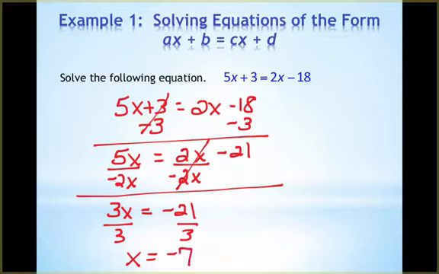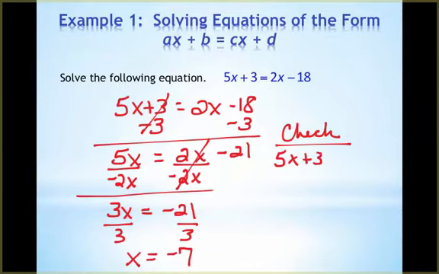Now we'll take a moment and check this one just to show that we did get the right answer. So we'll take our original equation, 5x plus 3 equals 2x minus 18, and we'll substitute in x is negative 7.